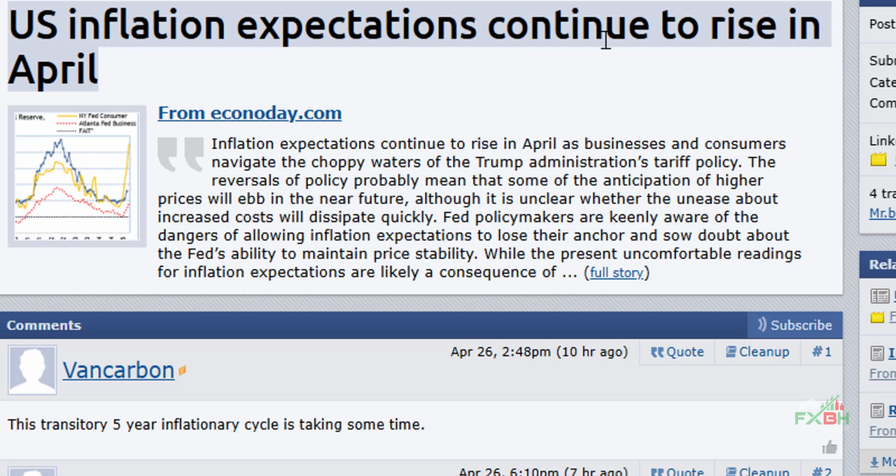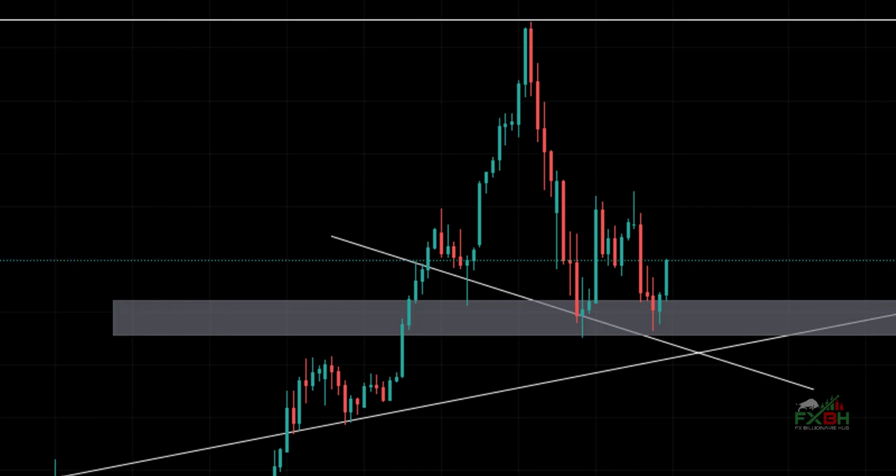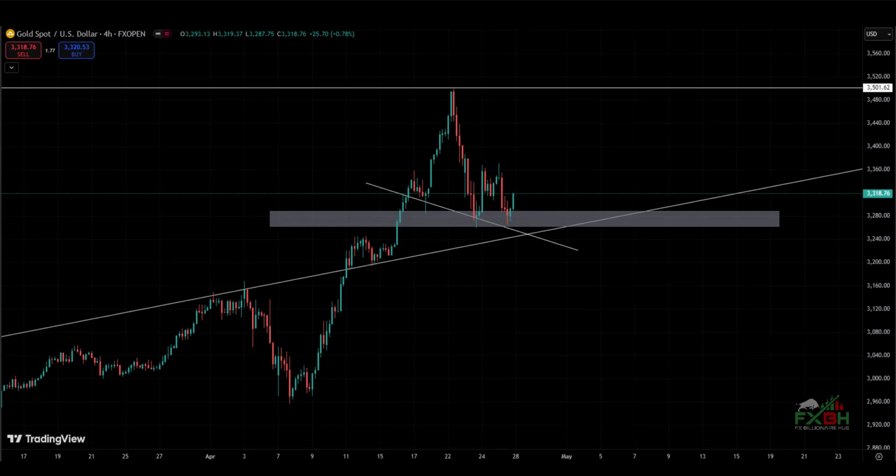That means in that month there is a chance for US inflation to rise more. I told you before that if more inflation comes into the market, gold will go more up. That means there is a bullish chance to go up, and we have technical confirmation to go up.